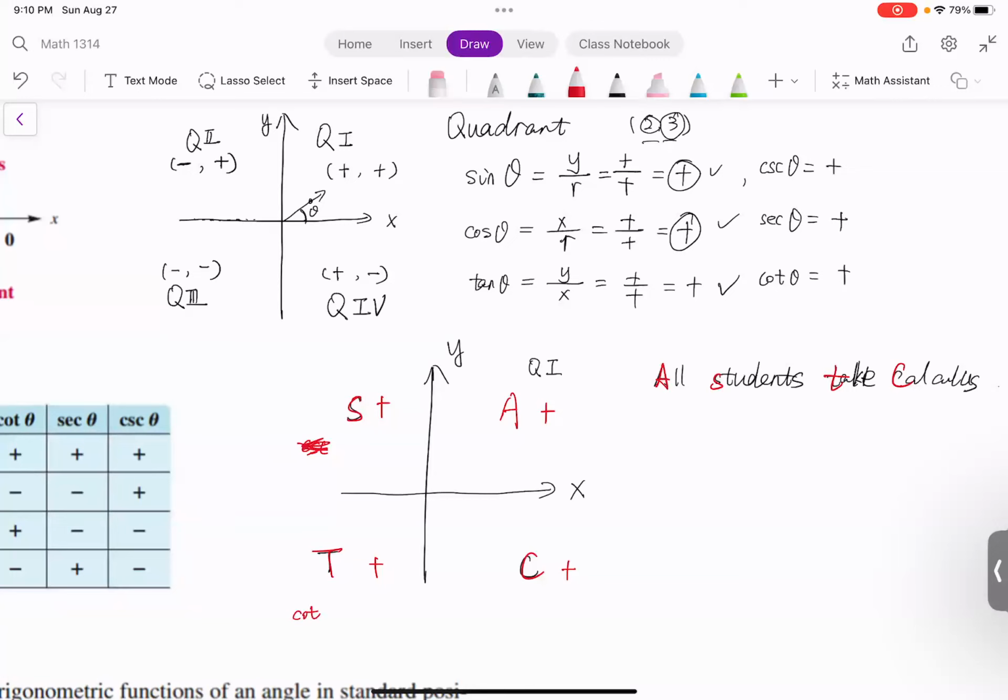Cotangent. In the third quadrant, cotangent is also positive. How about the fourth quadrant? Not only cosine, but also its reciprocal secant theta is positive. So ASTC is a counterclockwise rotation. ASTC, all students take calculus.